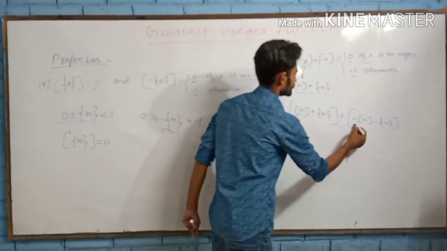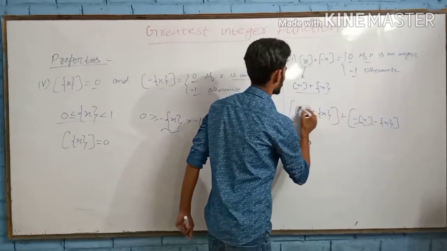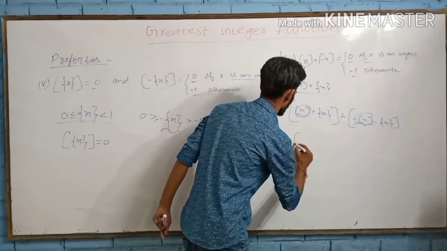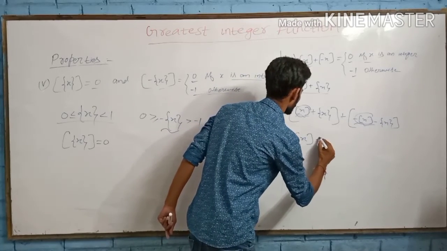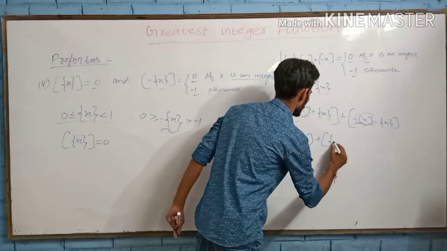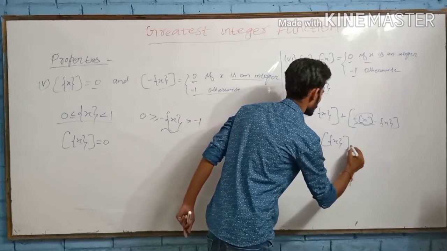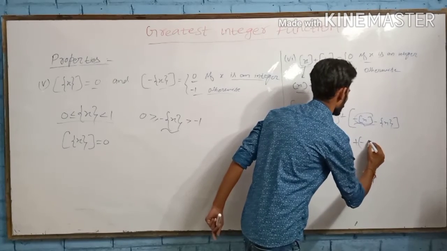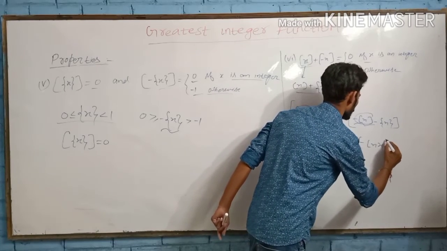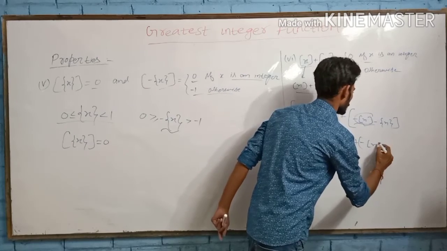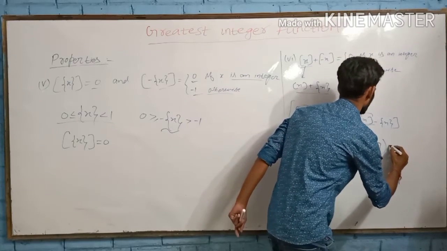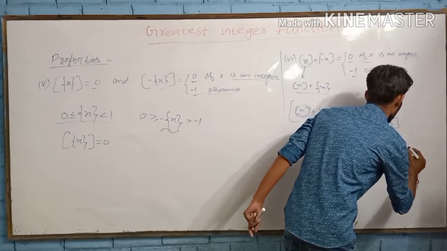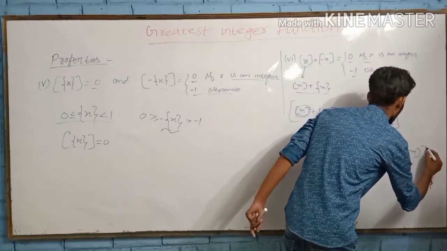So both of these floor parts are integers, so both come outside of this floor. So we can write it as ⌊x⌋ plus ⌊{x}⌋, plus minus ⌊x⌋, sorry, plus the fractional part of x.